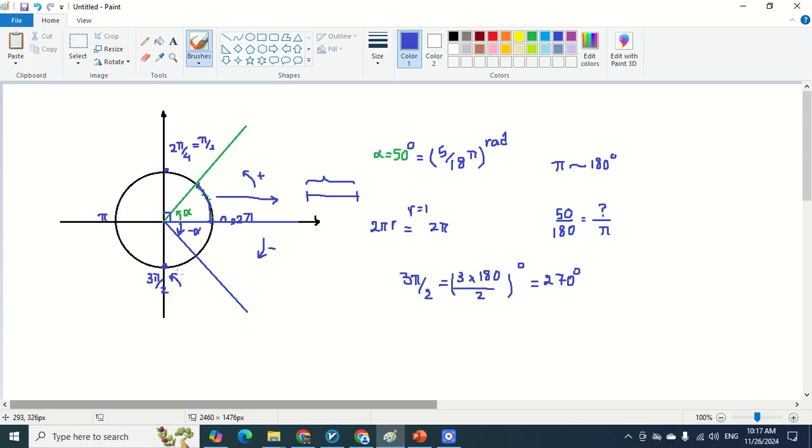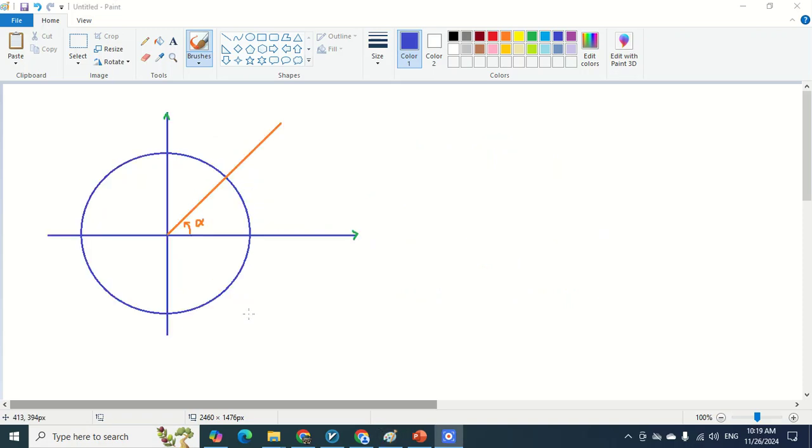So right now we realize how we can scale the given angle. When we have an angle, we can discuss the trigonometric identity as well. Right now I have one ray that determines an angle alpha, and we have a unit circle around that angle, centered at the origin.